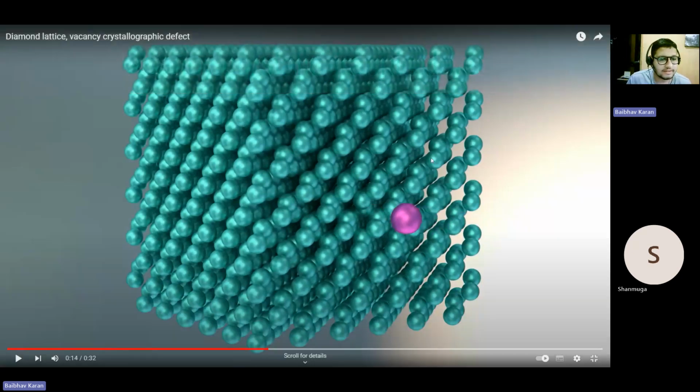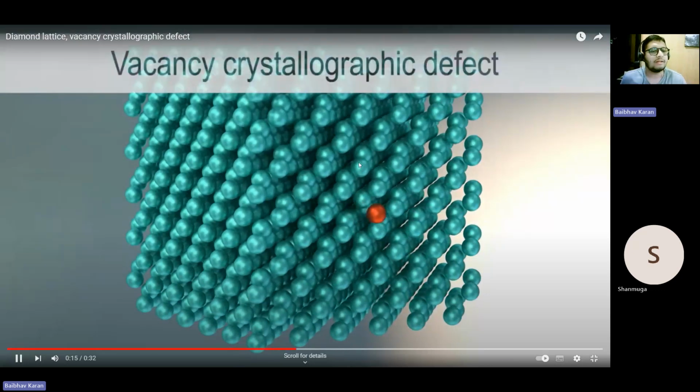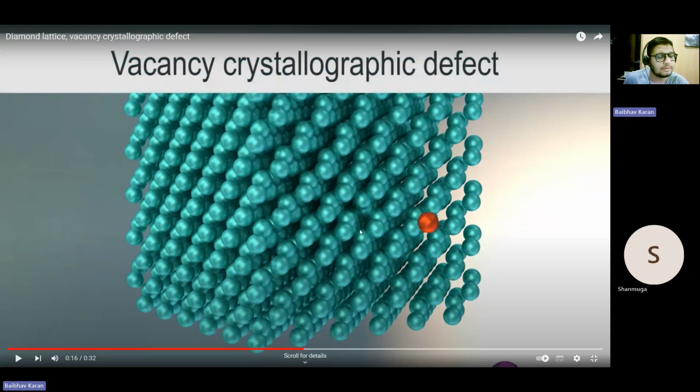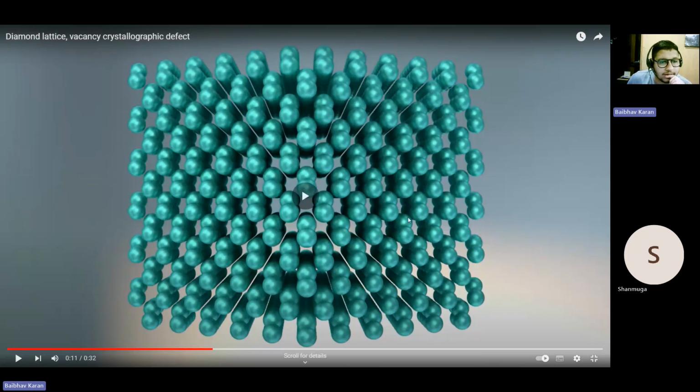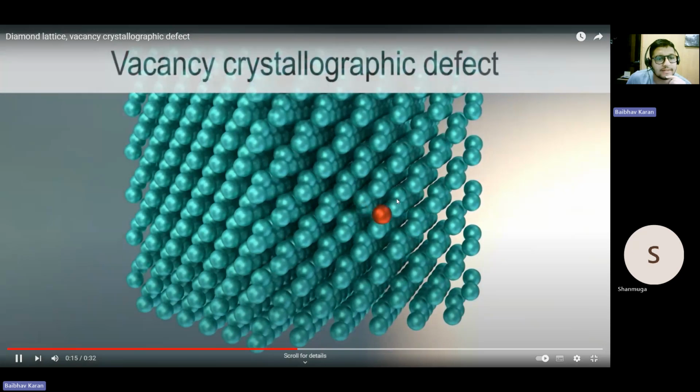As you can see here, this is a diamond crystal, a diamond lattice. In a diamond lattice, you can see there is a periodic arrangement of all the atoms. When an atom from a point position is taken out, there is a stress field generated.